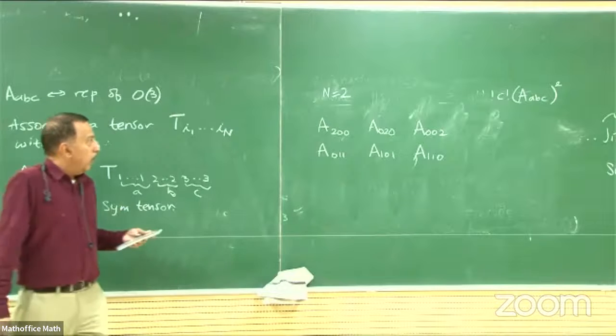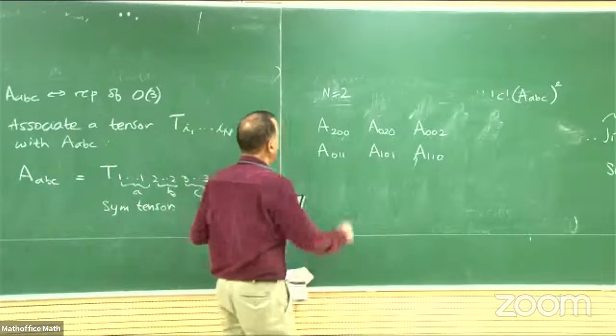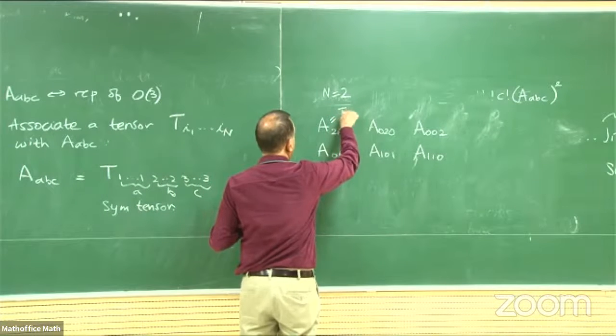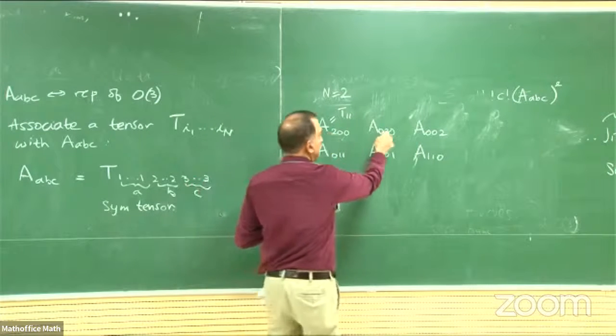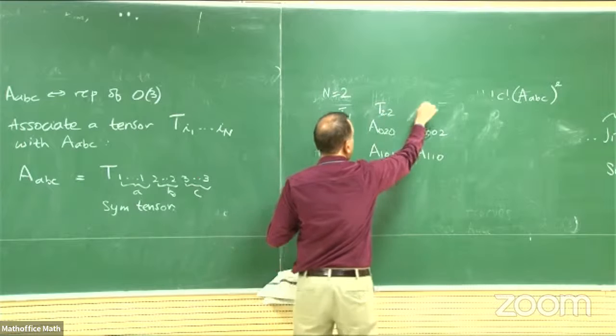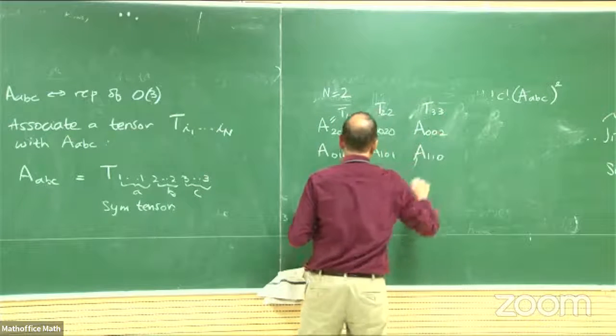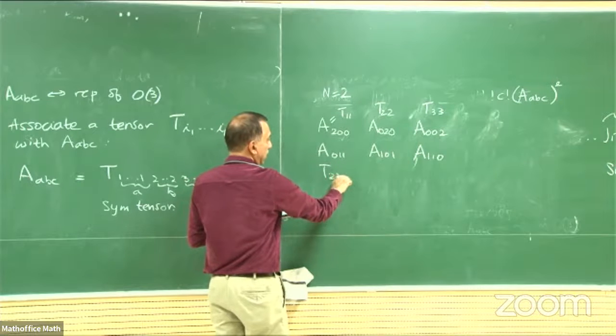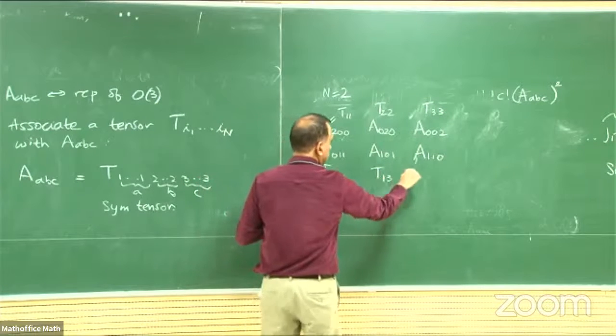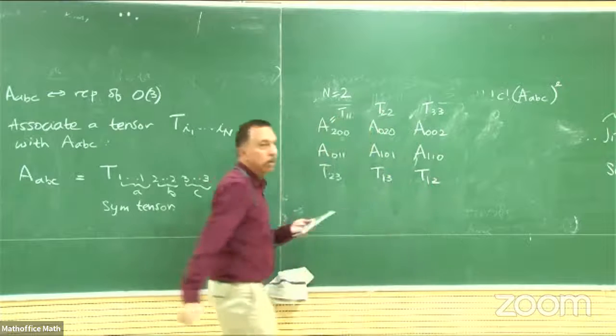Okay. So as per Dirac's rule, I should associate this to the component T11 because this 2 means 1 appears twice. This 2 means 2 appears twice. This says T33. This one says 2 appears once and 3 appears once. So this is T23. This is T13. And this is T12.